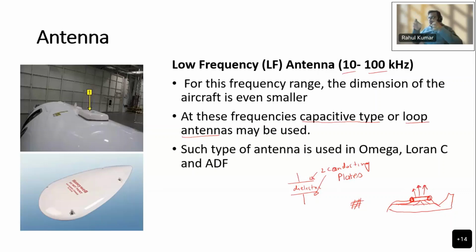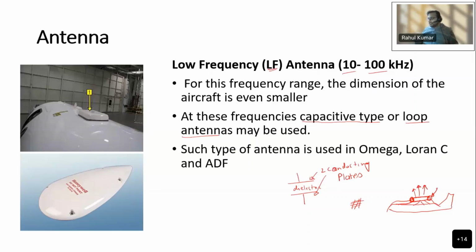Again, it should be designed properly. The length, the width, the thickness and everything of the second plate you are using should be designed properly to radiate within the low frequency range. So this is your capacitive antenna.